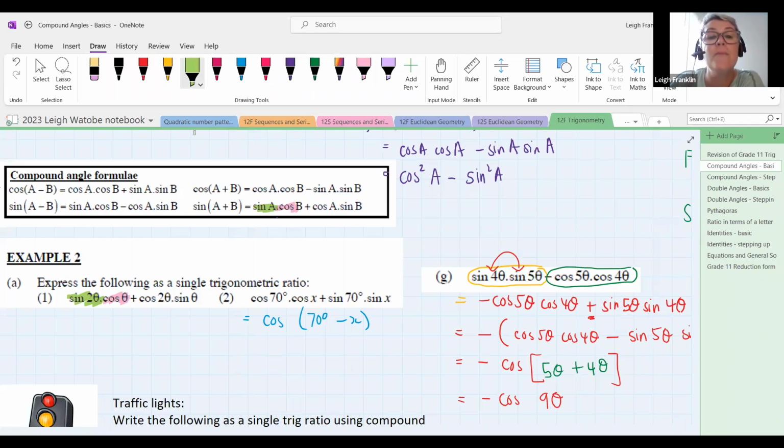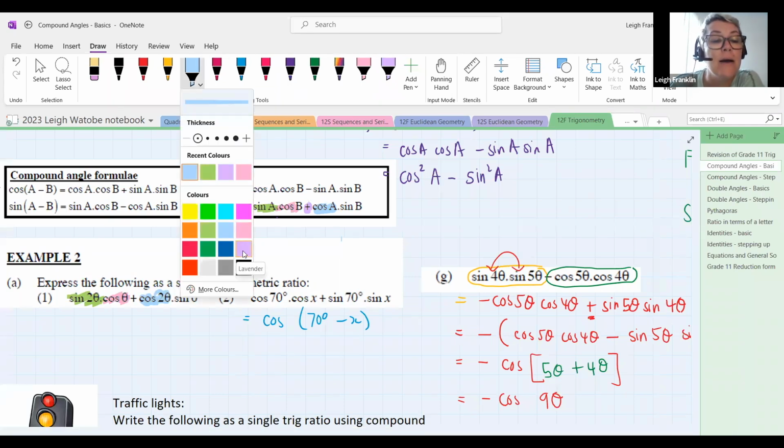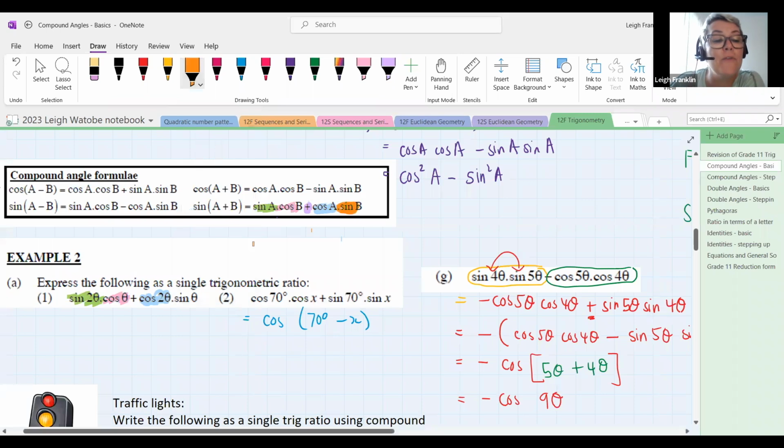Then we have cos A, which is the same as cos 2 theta. And then we've got sine beta over there, and sine theta over here.